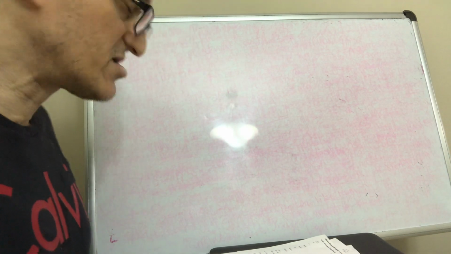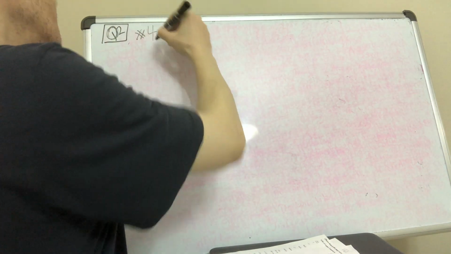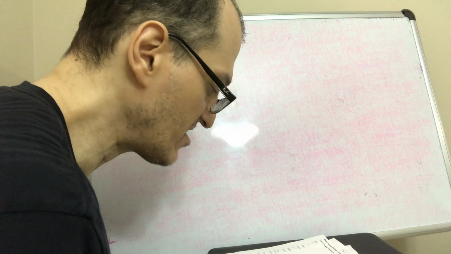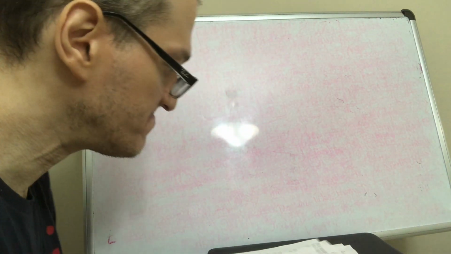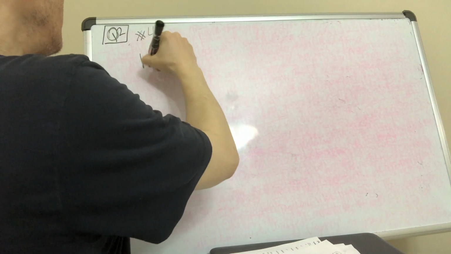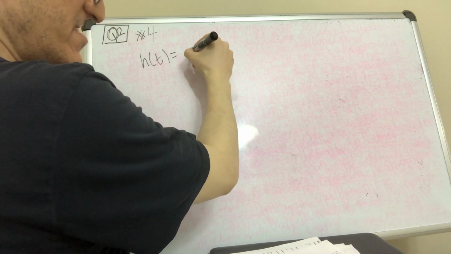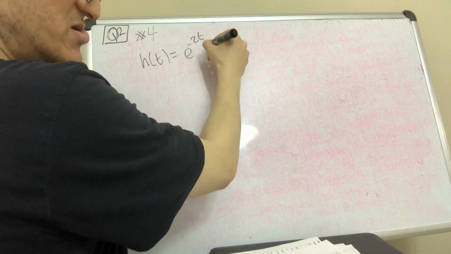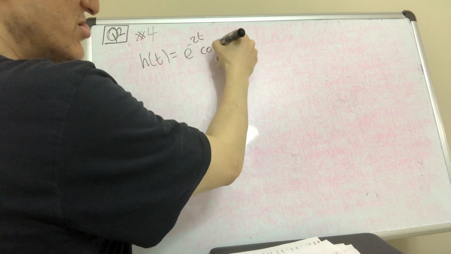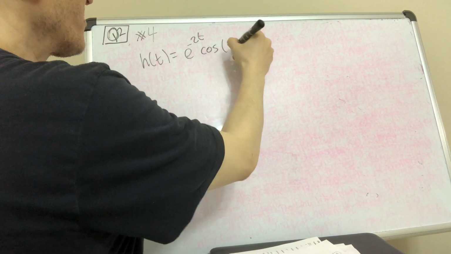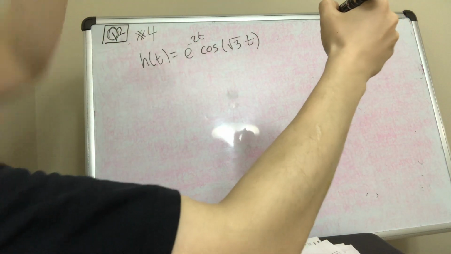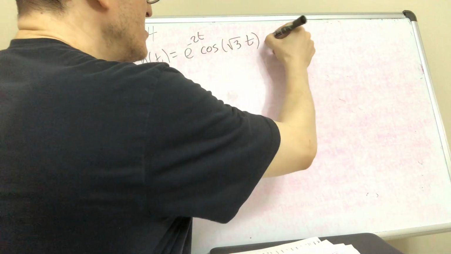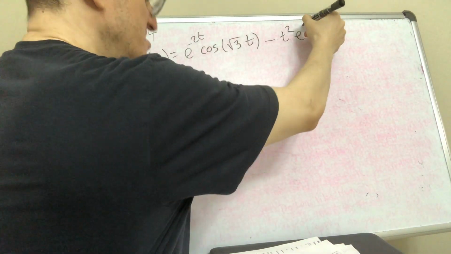Now we do question number 4. You have a function e to the minus 2t cosine of this, and t squared e to the t.